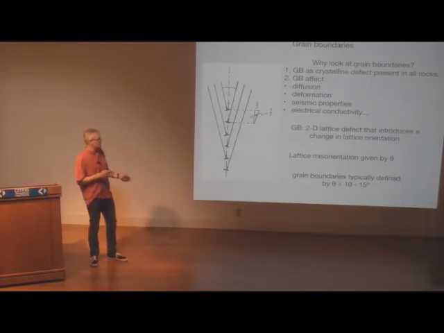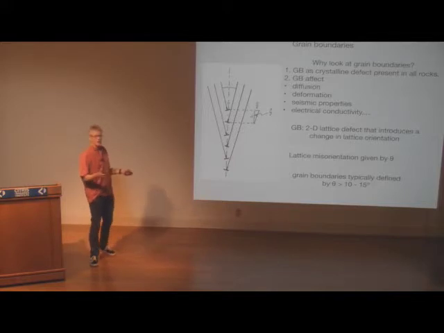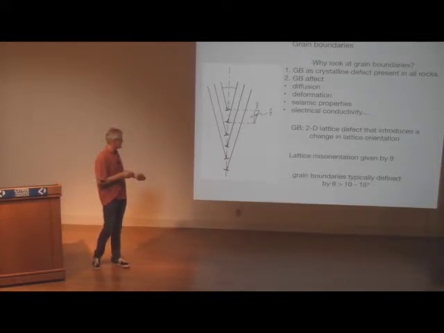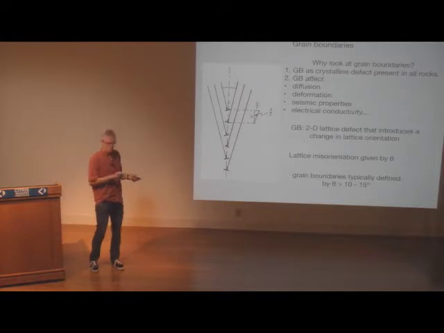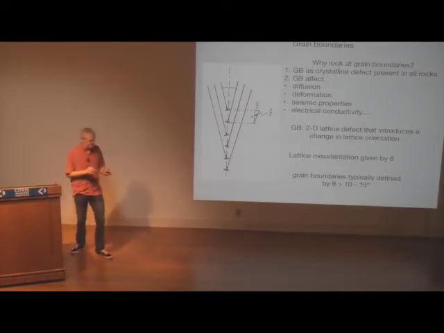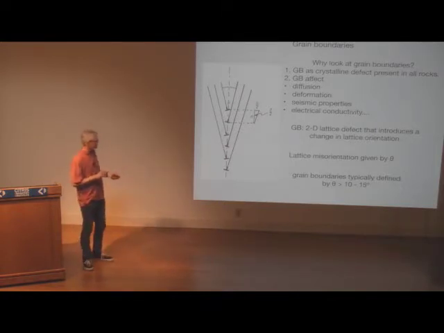You can geometrically describe that lattice misorientation by this angle theta, and then define your grain boundary. Grain boundaries are typically defined as having misorientations between 10 to 15 degrees. And I'll show that, I think, in the next slide a little bit.